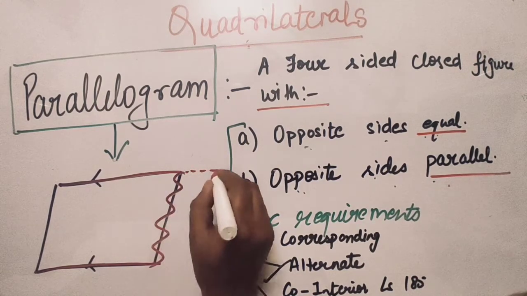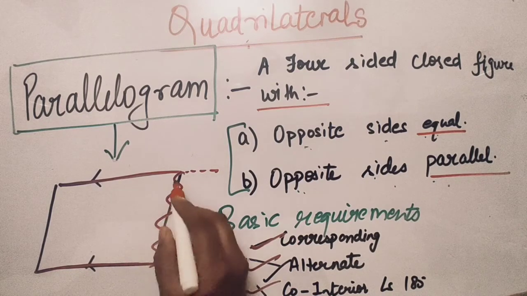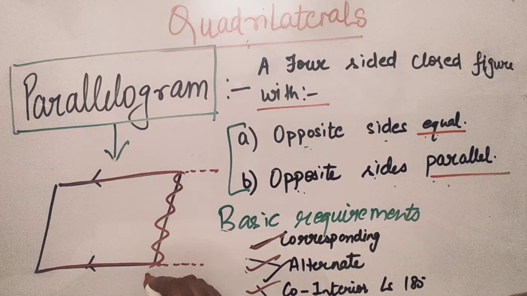So if I extend it to check whether this line and this line are parallel or not, which property can I check that is easiest here? I can see this is the transversal, as it is intersecting both lines at different points.